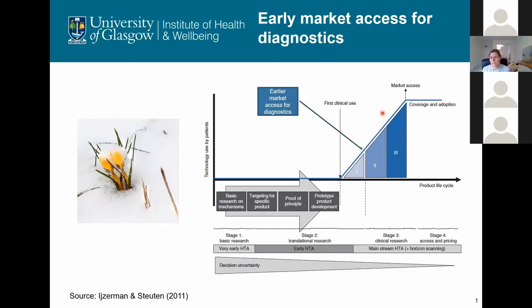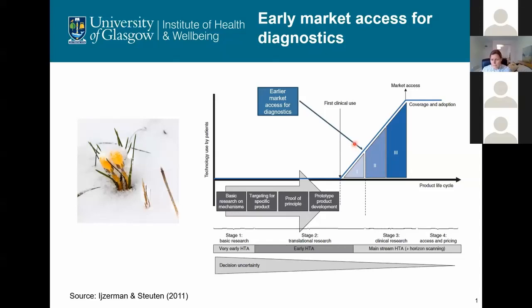So this represents more the pharmaceutical development pathway with market access at the end of the three phases of clinical trials. Diagnostics tend to come to market earlier once they've established safety and analytical validity. And as a result, clinical utility evidence is very often lacking.